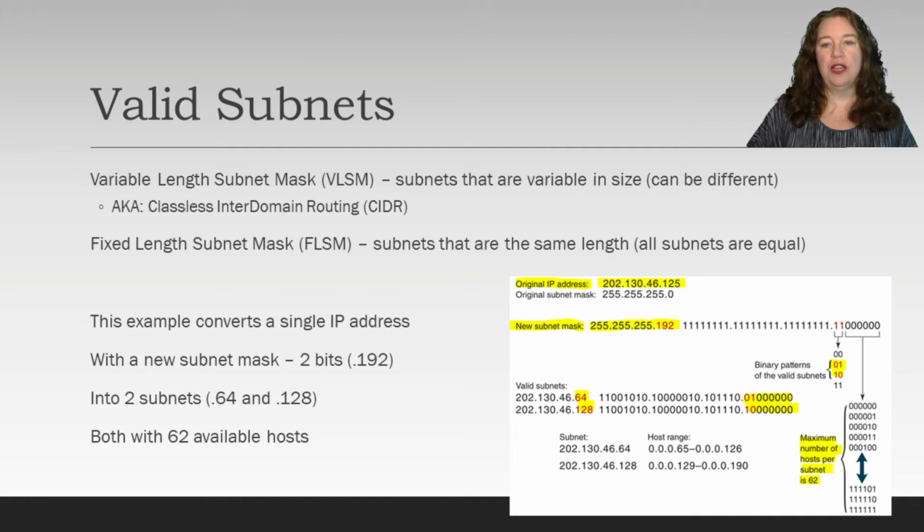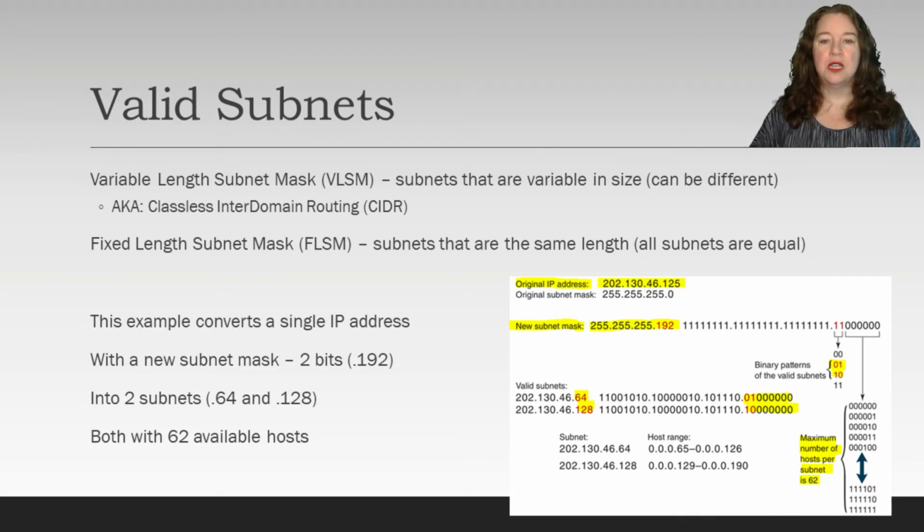in our host range, which means if I were to assign something that was in that first subnet, the 64 subnet, I would give a subnet of 202.130.46.64, and my host range would be 65 through 126.